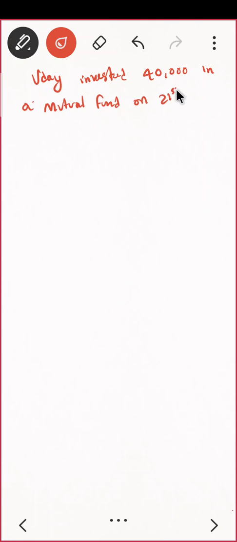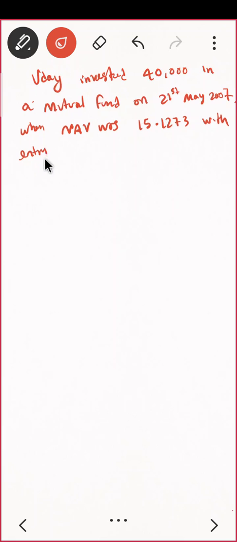Let us see. Uday invested 40,000 in a mutual fund on 21st May 2007 when NAV was 15.1273 rupees with entry load of 2.25%.